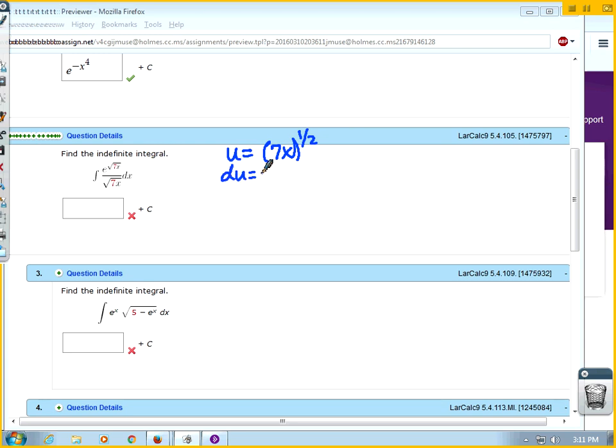So our du is 1/2 times 7x to the negative 1/2 times 7 dx. Don't forget how to take derivatives. Just because we're mostly doing integrals, we're also having to do derivatives at the same time. That's why Cal 2 is a lot harder than Cal 1 in most people's opinion.